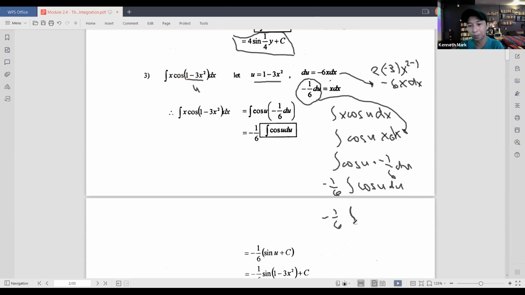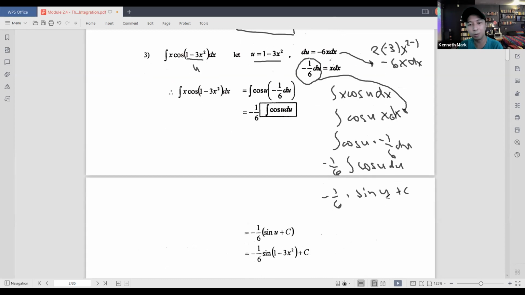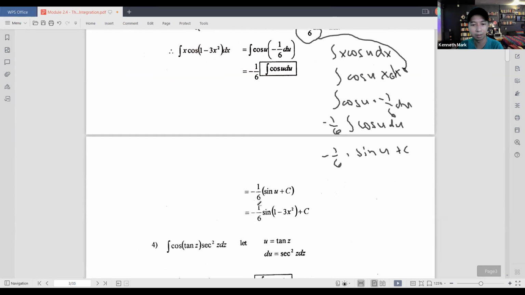O, wala na tayong integral sign kasi in-integrate na natin. Okay. Tama ba? Sine u na lang plus c. Yan. So what is u here? So kunin natin ulit dito. Ayan. So you will have negative 1/6 sine of 1 minus 3x squared plus c. So this is your final answer.